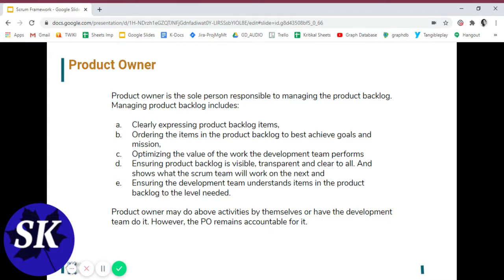Right? So also ensuring that the development team understands the items in the product backlog to the level needed.